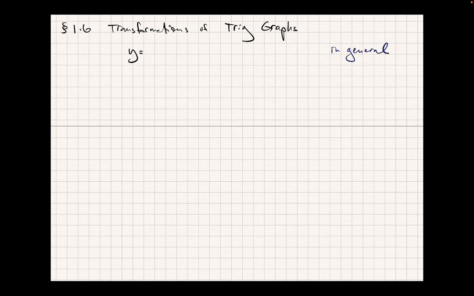Transformations look like this. You might have an a out front of your function, and then you might have a b inside the function multiplying your x plus a c, and then you might have a d at the end. Can you tell me what the different functions of a, b, c, and d are? So one of them is a vertical shift, one is a horizontal shift.